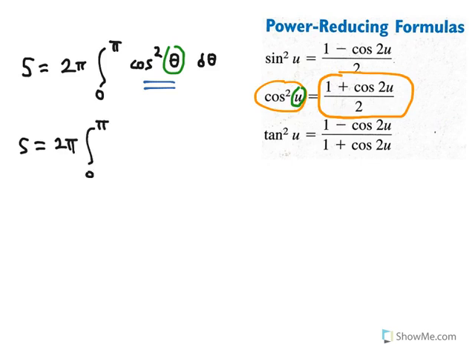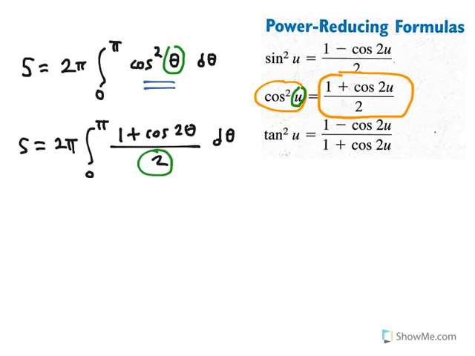so we can now write the surface area is equal to 2 pi times the definite integral from 0 to pi. Using the power-reducing formula, I may write 1 plus cosine of twice the angle, 2 theta, all of that over 2. And we have integration with respect to theta.